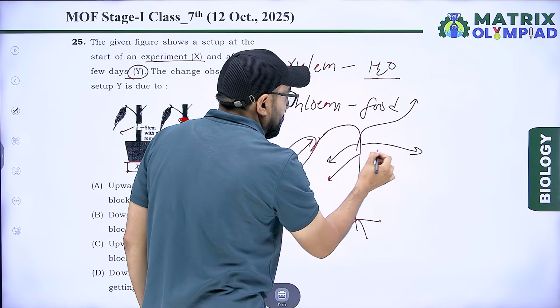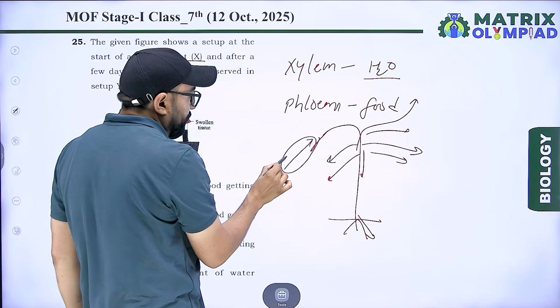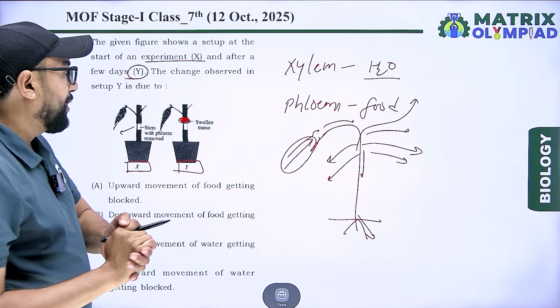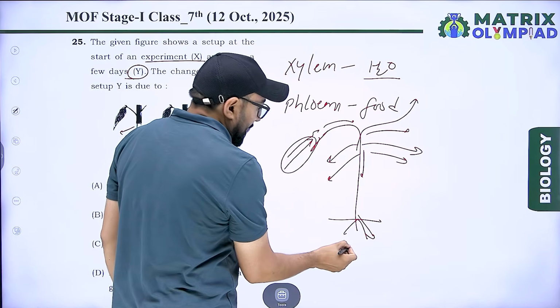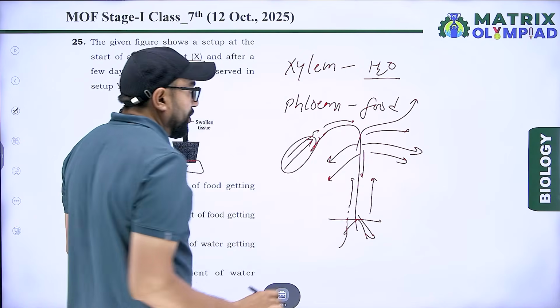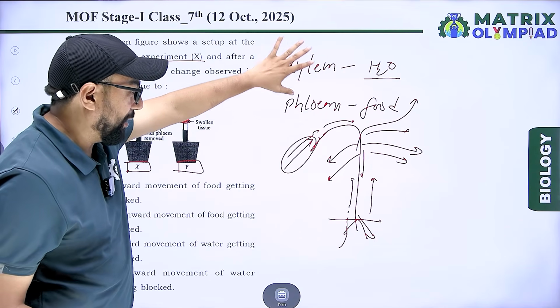This one is a branch, this is the stem, this is the root. Food is transported with the help of phloem, and xylem helps in conduction of water in one direction, upward.